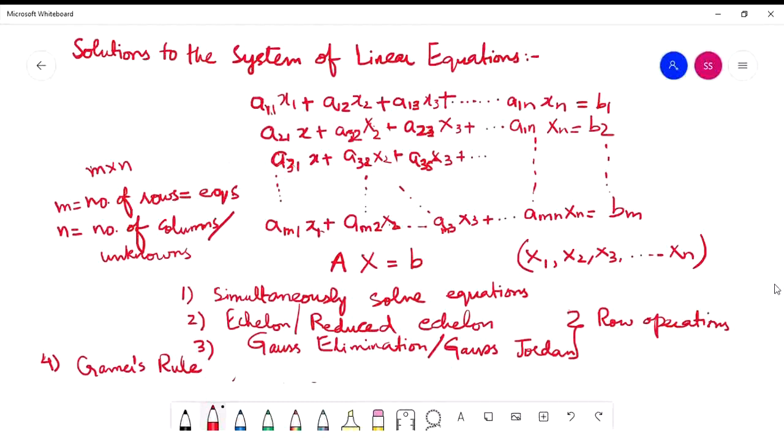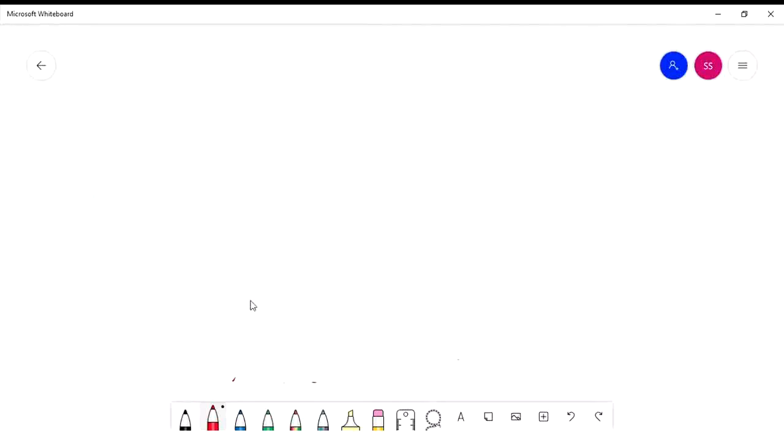Okay, so now I move towards the next. Today we will study the cases of the system. Case 1: m is the number of equations or number of rows.